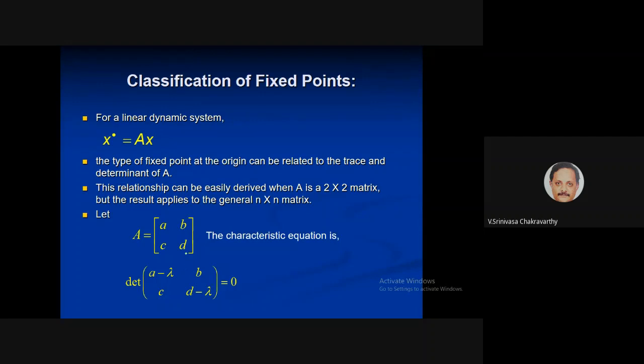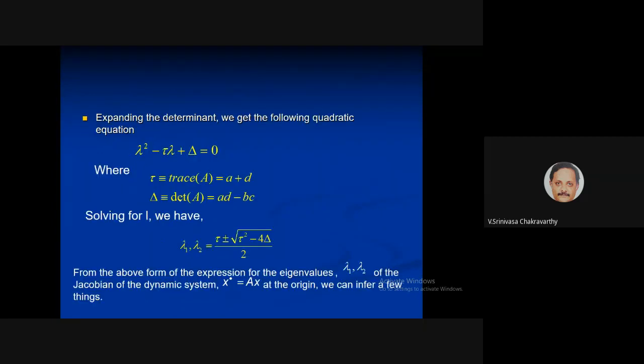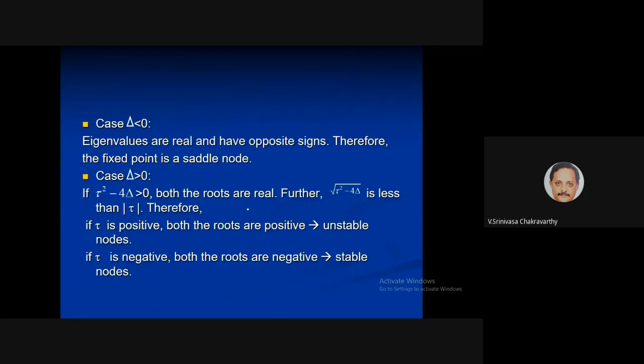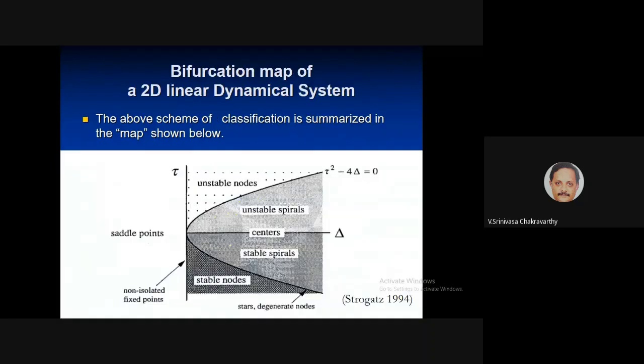Assume that A is parameterized by 2 parameters: the trace of the matrix and the determinant of the matrix. If we take these two as parameters, how do the eigenvalues vary as the parameters vary? And we know that as eigenvalues vary, the dynamics varies because the fixed point type varies, right? And then we'll look at different cases and make a map of all these different kinds of dynamics.